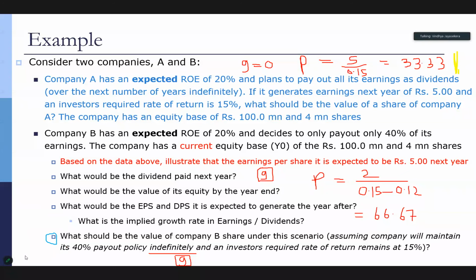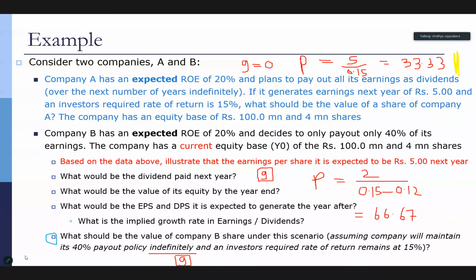This company, which pays out all its dividends, so might be perceived to be worth more, is actually only worth 33 rupees because it's not retaining anything inside the company for growth, right?